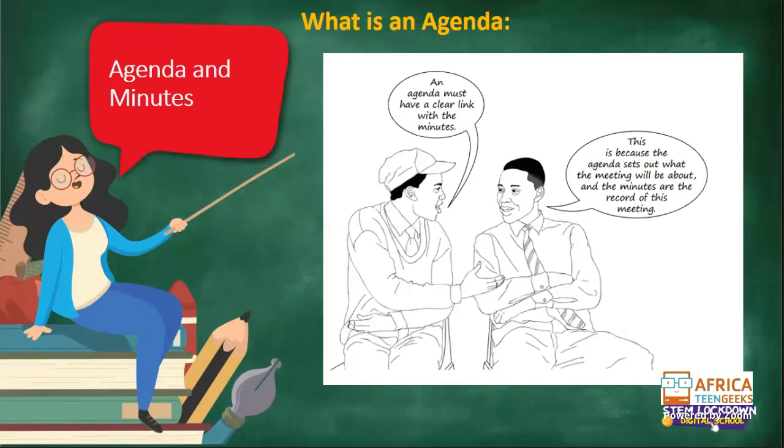That is basically reminding us that the agenda comes first. It tells us what the meeting is going to be about, and then the minutes are the record of the actual meeting. So there is a clear link between the agenda and minutes. They always go together.